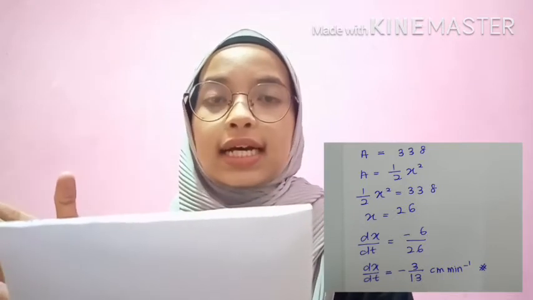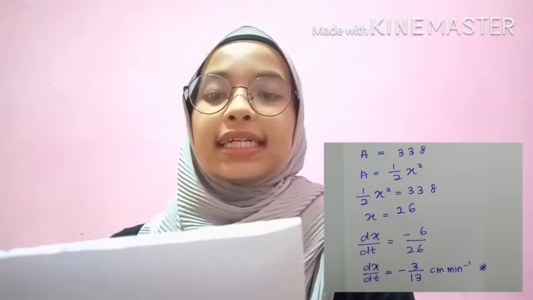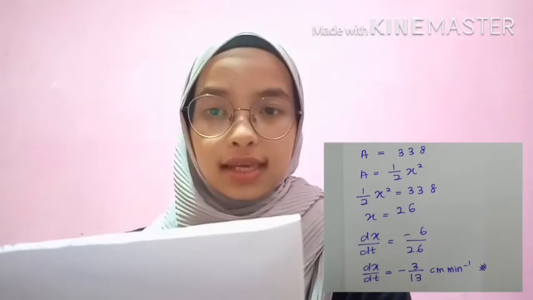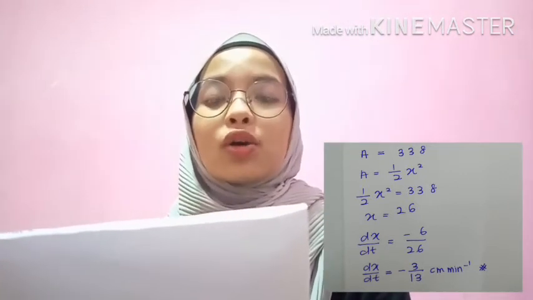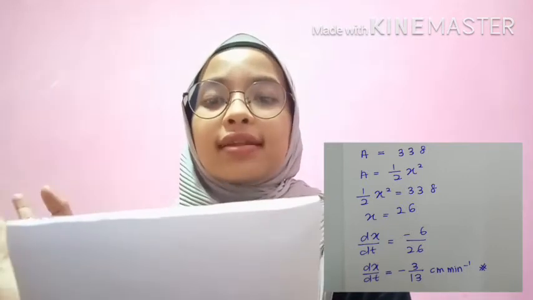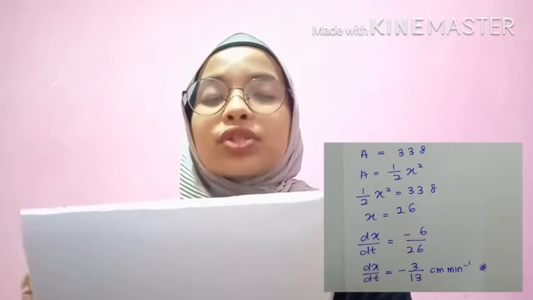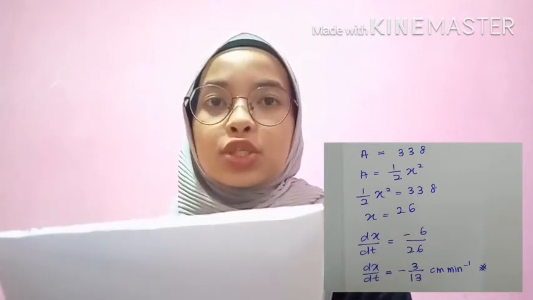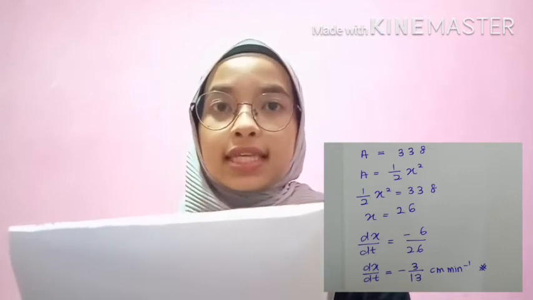In this question, A equals 338 and also A equals 1/2 x squared. So we can write that 1/2 x squared is equal to 338. So we will get x is 26.